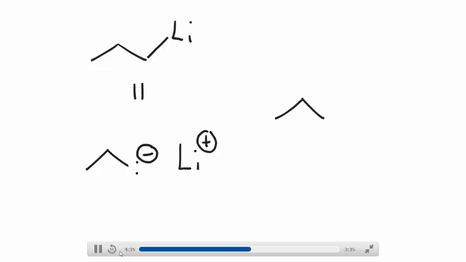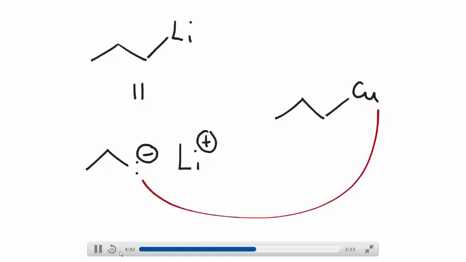And then we have our complex from the last piece. So another one of these anions says, hey, copper, I'd like to hang out more with you than I would with lithium. Is that okay? And so we're going to give the electrons to the copper. Copper is going to accept them, and that's okay. Copper can do this.